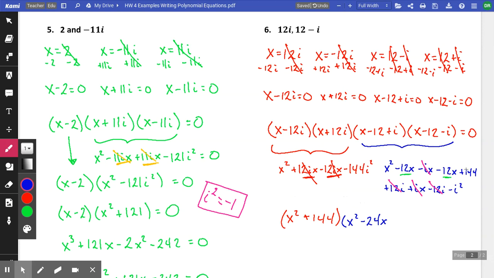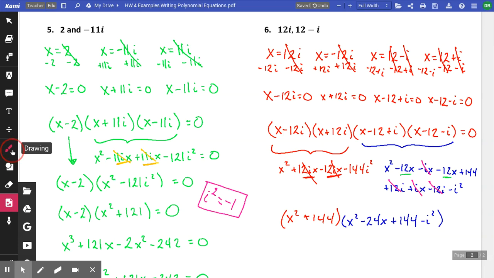So let's continue. We have plus 144, and we have the minus i squared. But again, we recognize that i squared is equal to the number negative 1. And so, because of that, we can rewrite that second set really quickly here.